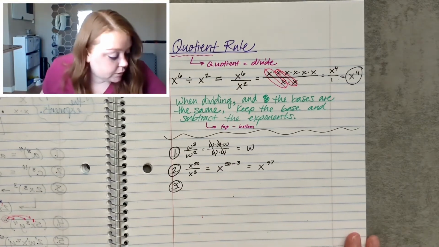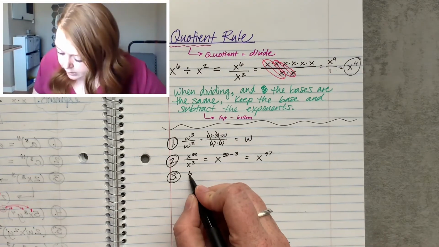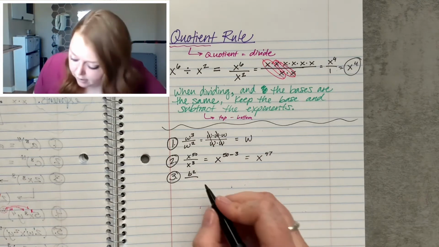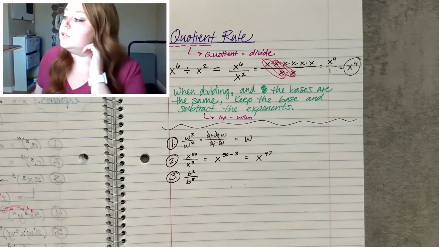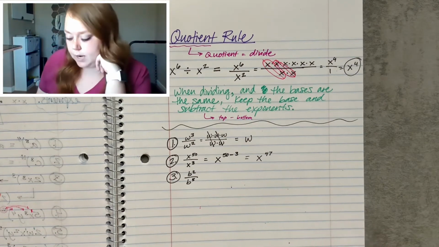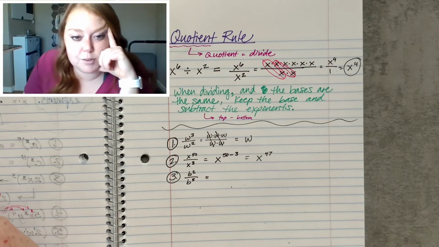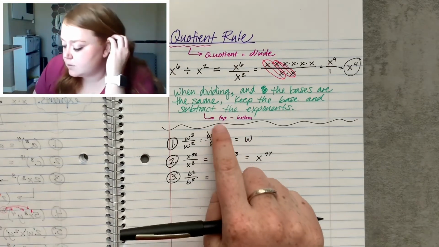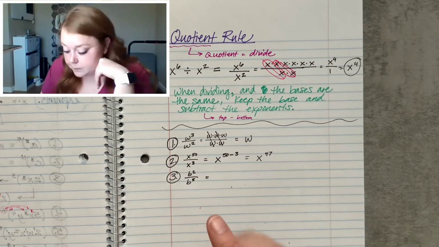Number 3, we have b squared divided by b to the 5th. Now before you just go, oh, b cubed, b to the 3rd, careful. We said you have to subtract the top power by the bottom power.